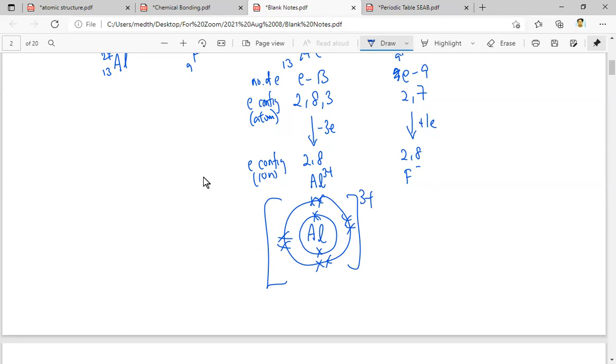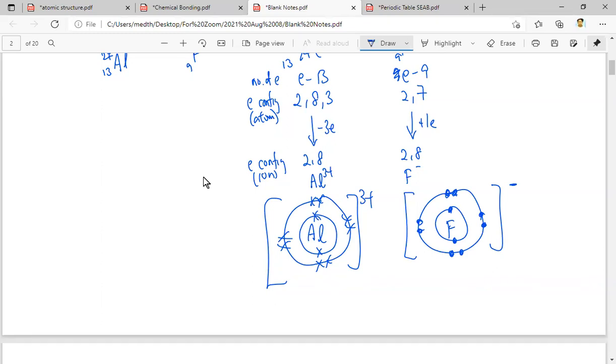F minus, so I draw F, 2, 8. So take note, because the metal is already drawn with cross, this side here I'm going to use dot to show that the electrons belong to different places. Okay, square bracket, minus.